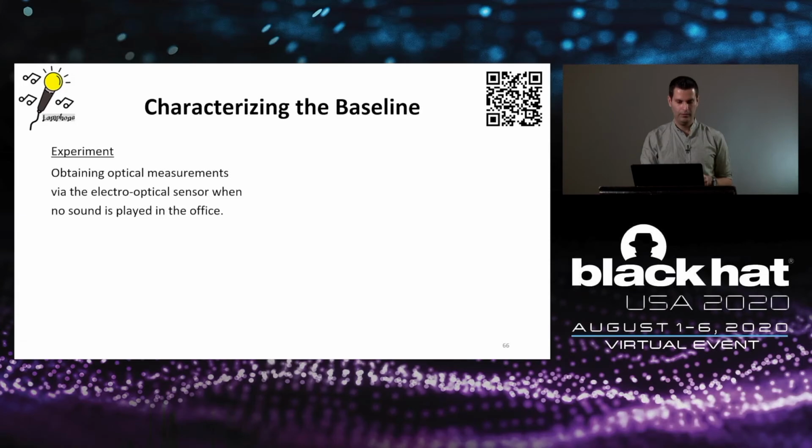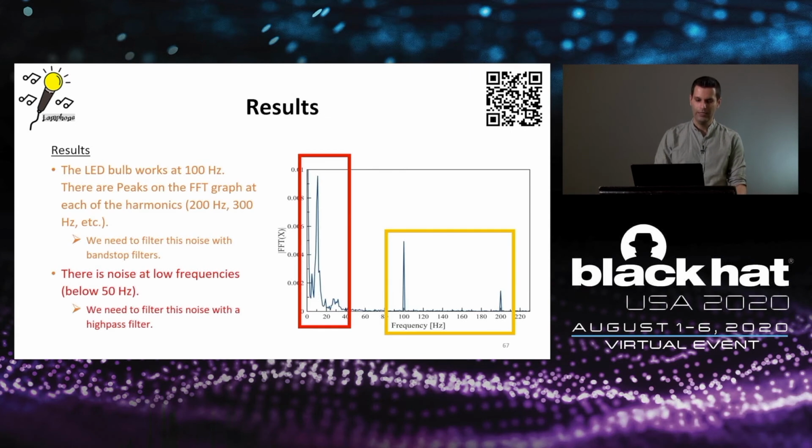The first thing that we did is we tried to characterize the baseline, and we did it by conducting an experiment where we obtained optical measurements via the electro-optical sensor when no sound was played in the office. This is the FFT graph of the optical measurements that were obtained.